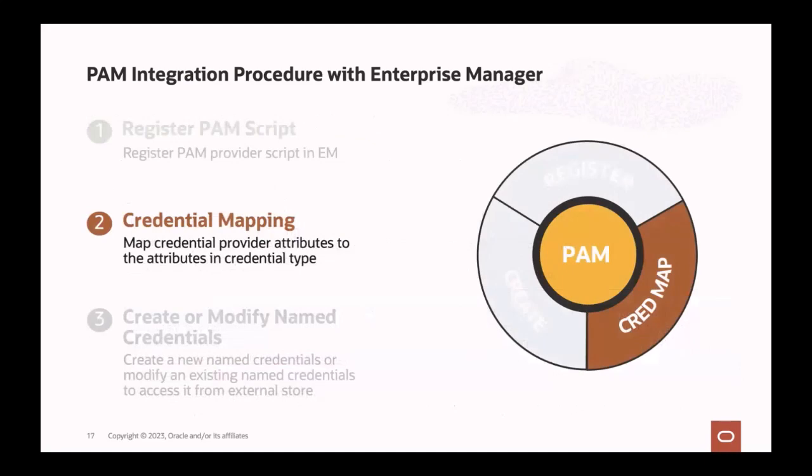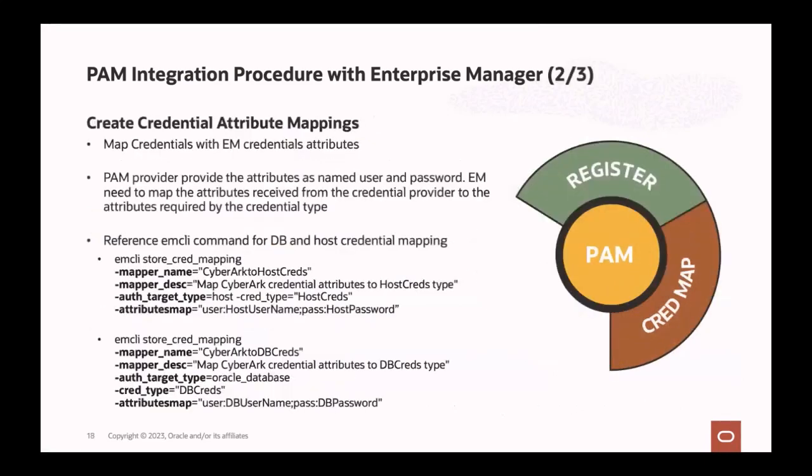So the next topic is how to create the credential mapping. After the successful registration and execution of the integration script, the script will return the output containing the credential required by Enterprise Manager for further operations. The output may include the username and password, or it could return only the password, depending on the specific implementation.